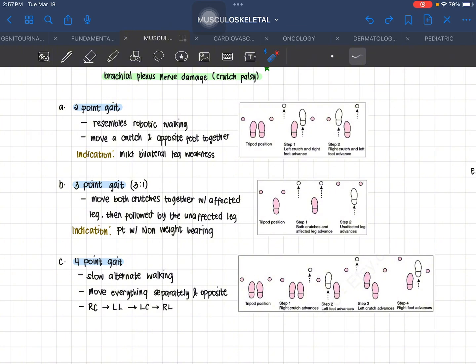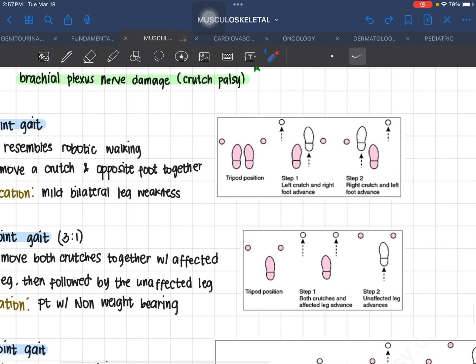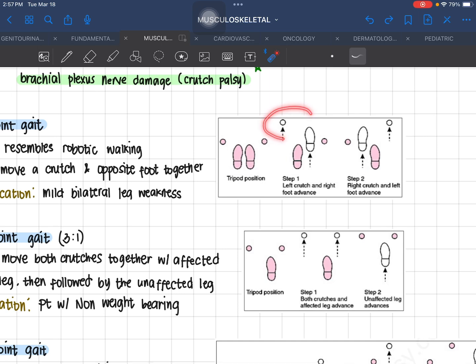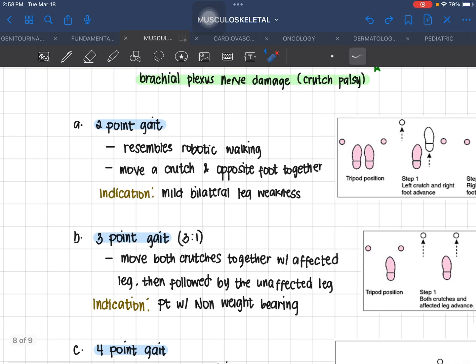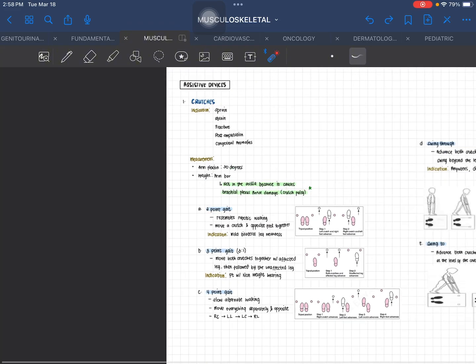So, ilalakad mo ng sabay yung right crutch at left foot, and then left crutch, and then right foot ang i-advance mo. Ayan. Alternate lang, pero sabay sila. So, this is indicated for the mild bilateral weakness lang naman.